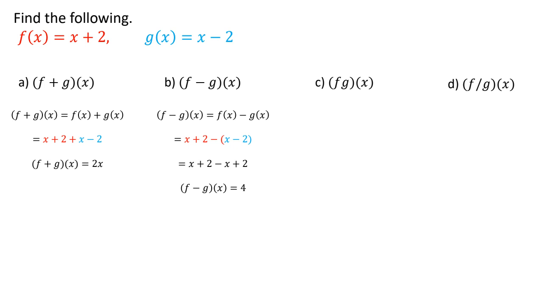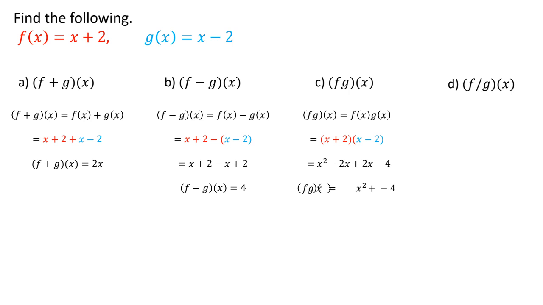Okay, so again, if you follow my concept here, that f g of x is really saying I want to find what f of x times g of x is. So let me substitute. F of x, again, is my red one, x plus 2, times g of x, which is my blue one, x minus 2. Now this becomes FOIL. So x times x is x squared, x times a minus 2 is a minus 2x.